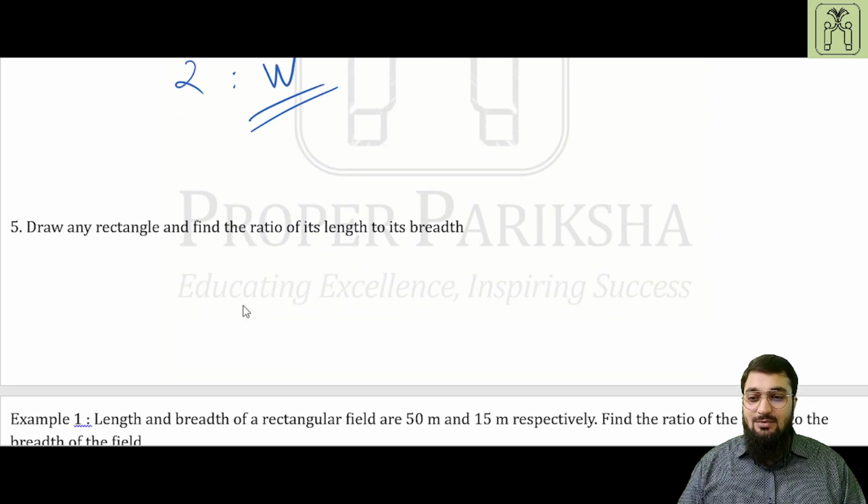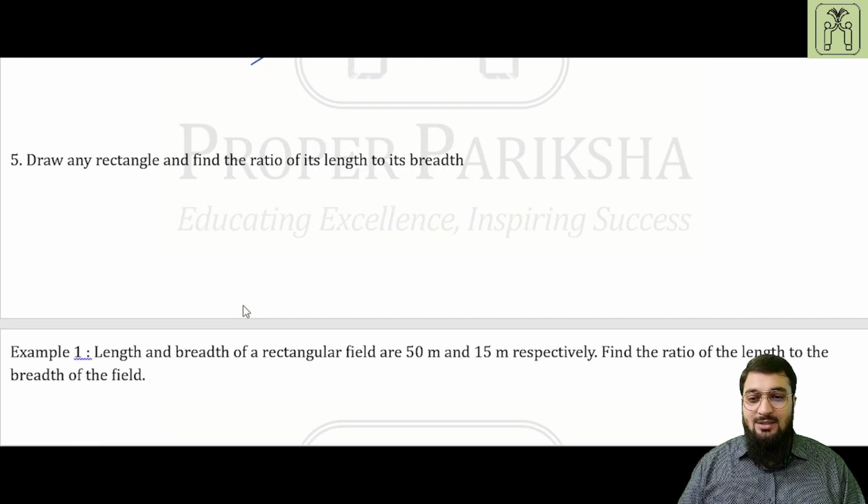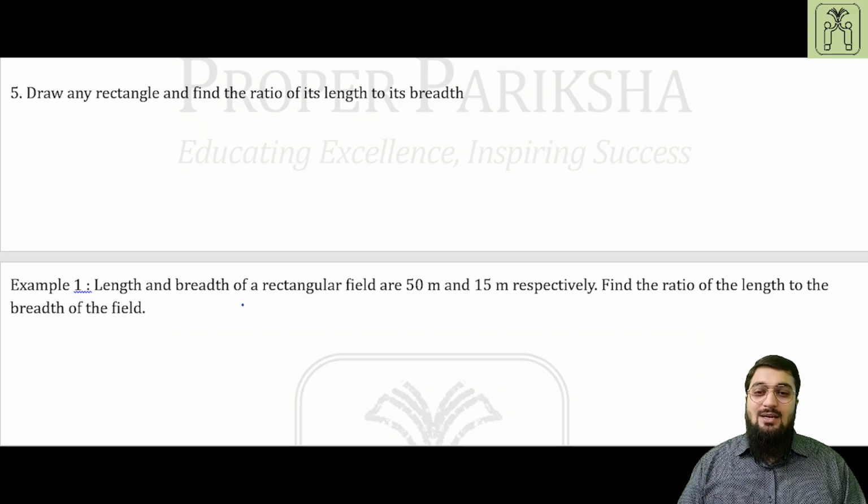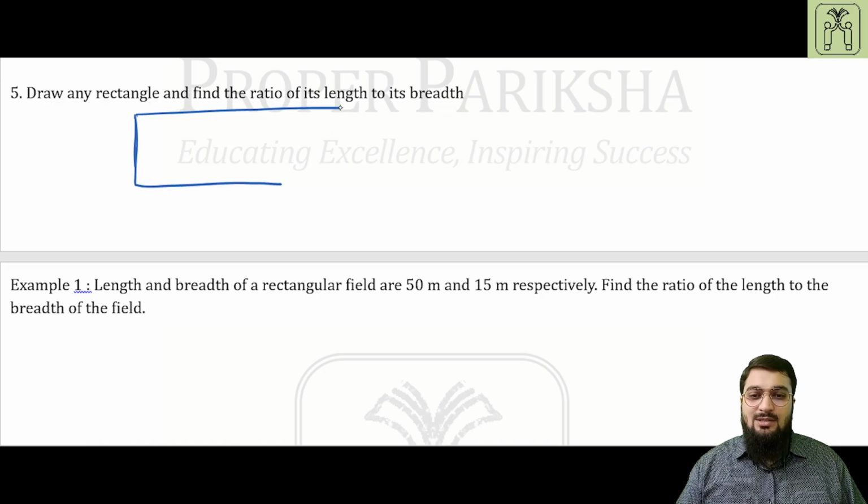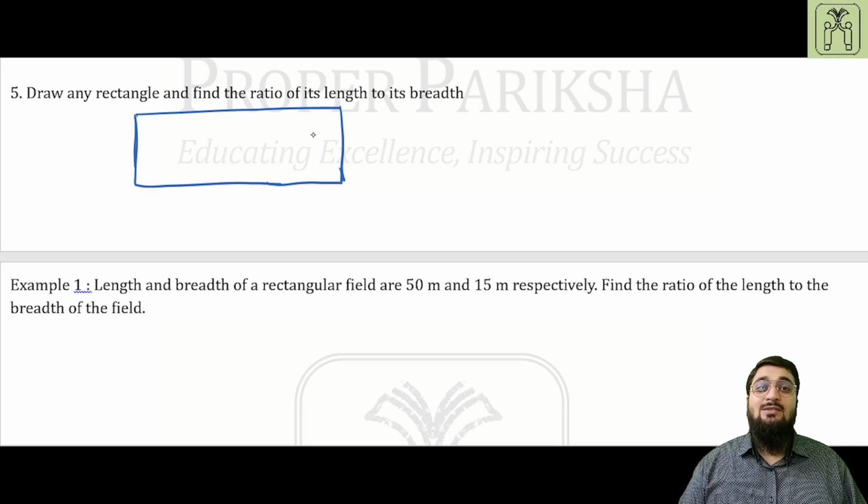Question number 5. Draw any rectangle and find the ratio of its length to its breadth. Okay, so let us take a rectangle. Generally a rectangle has the length greater than the breadth, but it can also be the opposite, that the breadth is greater than the length. It depends upon which axis is taken as the length and which axis is taken as the width.